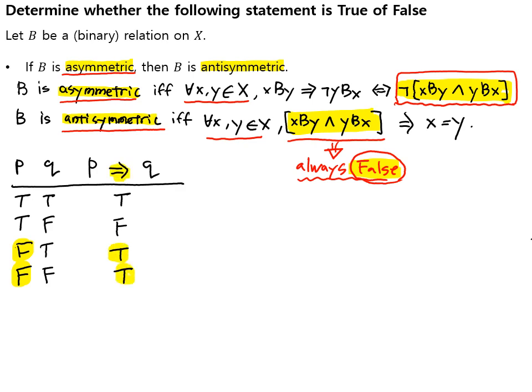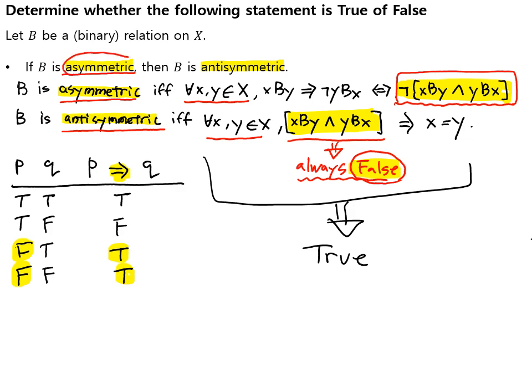So if the binary relation B is asymmetric, the antecedent of the definition of anti-symmetry is always false, meaning that the whole statement turns out true whenever B is asymmetric. Therefore, if a binary relation is asymmetric, then it does imply that B is anti-symmetric.